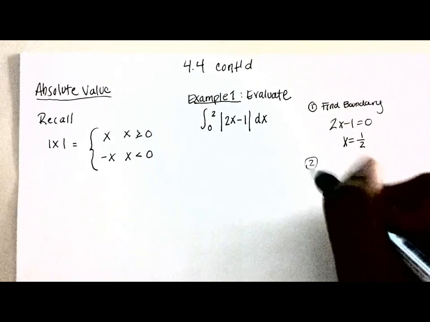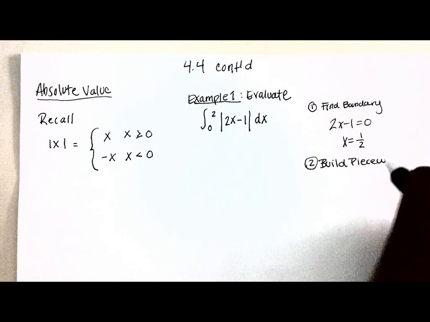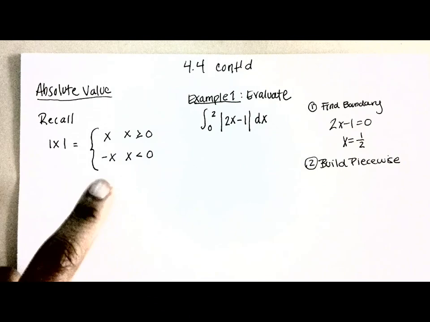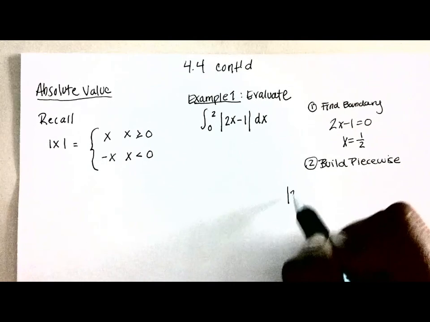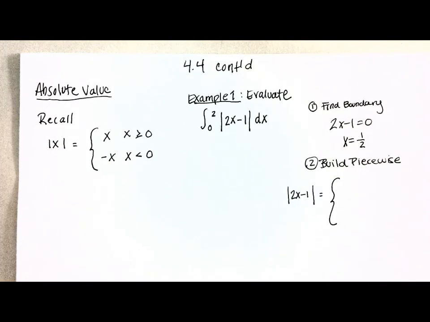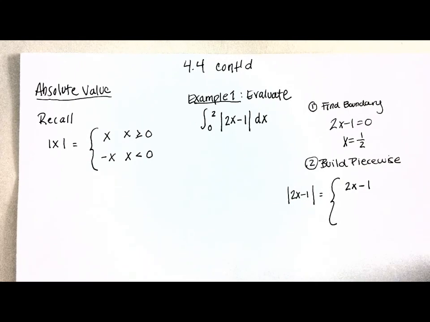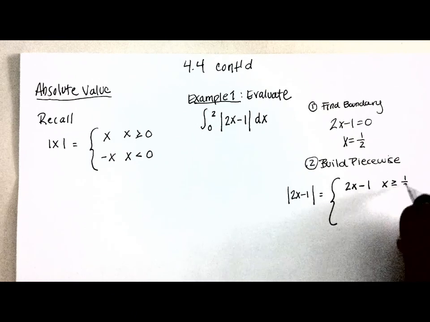And then your second step is to build your piecewise function for the absolute value. It's really easy if you understand what the piecewise function is over here, because it follows the same format. The absolute value of 2x minus 1 is defined as 2x minus 1 when x is greater than or equal to half.